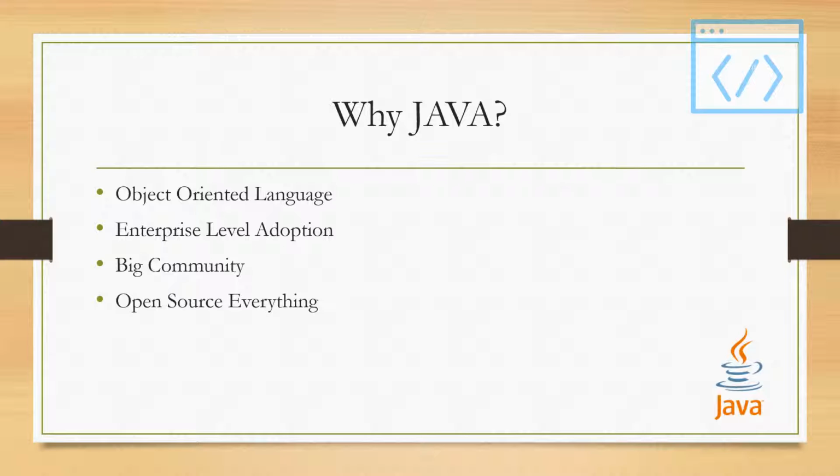Anyway, the second dot point here says enterprise level adoption. Java is just all over the industry, and most of you are generally here to learn the language so that later down the track you can get a job and continue learning and growing. In that sense, again, Java is great, and because of early adoption, it has a huge community.